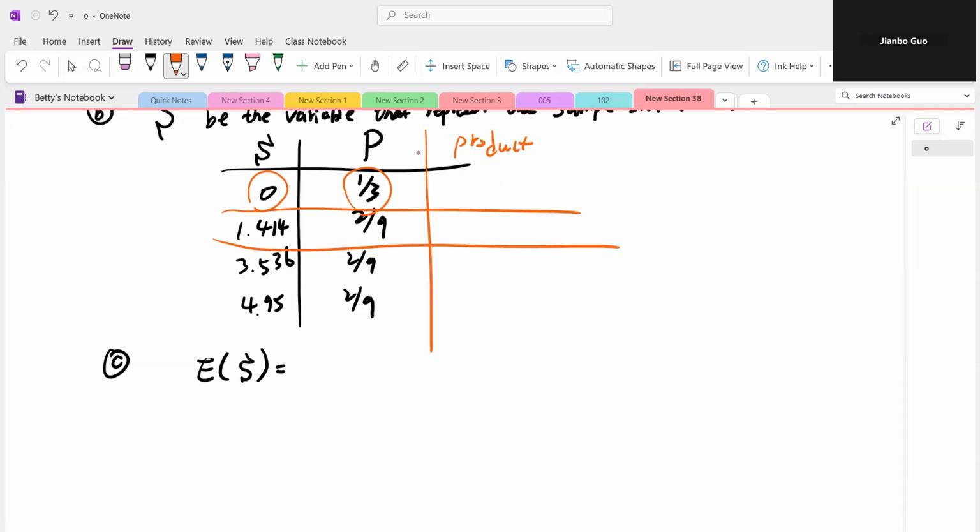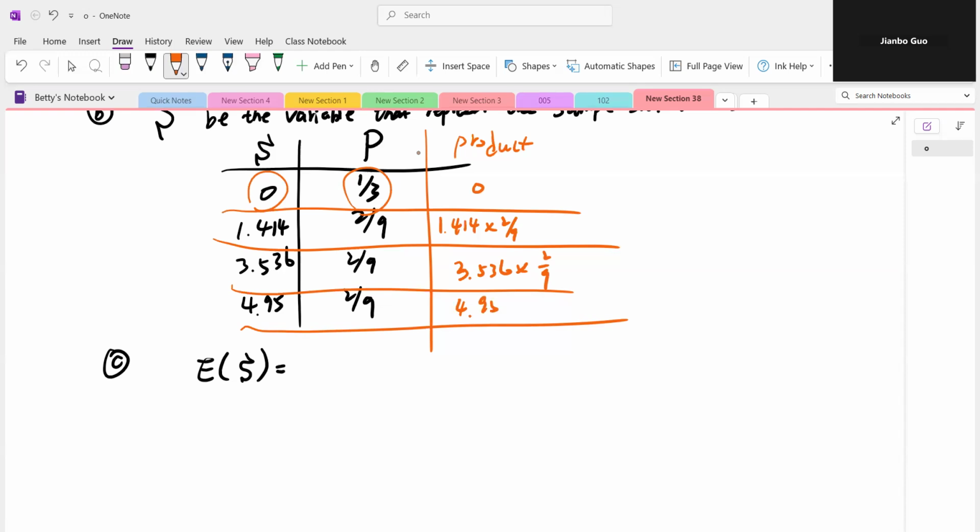Remember that? So 0 times 1/3 is 0. Here 1.414 times 2 over 9. Here we have 3.536 times 2 over 9. You can also use the TI-84 calculator, or do it manually, 4.95 times 2 over 9. Then add those values together.